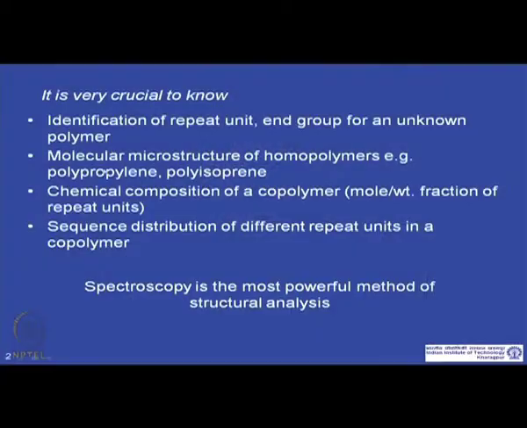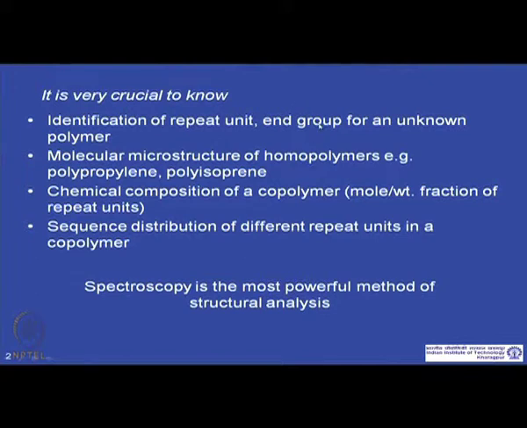Before going further to determine the properties of these polymers which we made, we must know what the chemical structure of the polymers actually is. So, it is crucial to identify the repeat units. We may have used a particular monomer, but whether that monomer exists in the same form as a repeat unit, we need to find out.